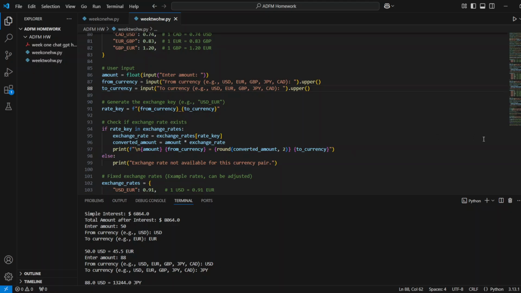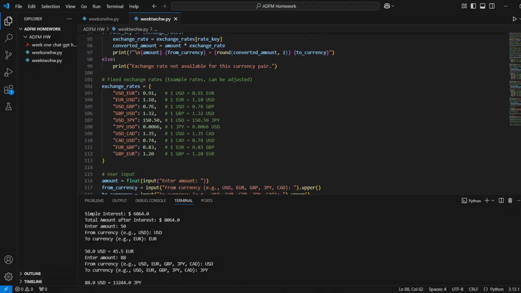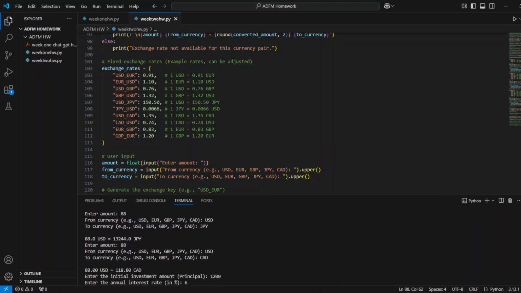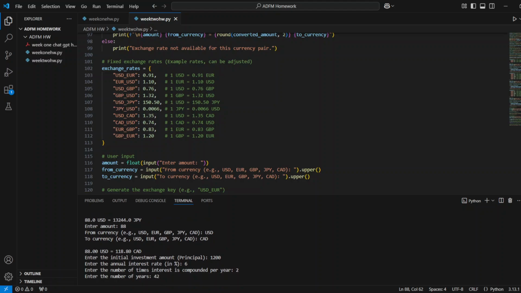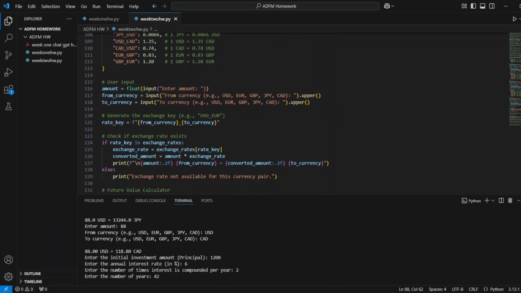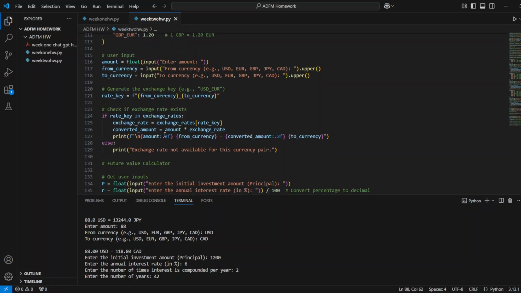The next program would be the same amount of foreign currencies, but I just wanted to make sure that I would keep two decimals as the final outcome. As you can see right here, same program as last time, but to add the two decimals, this was the program that I used.